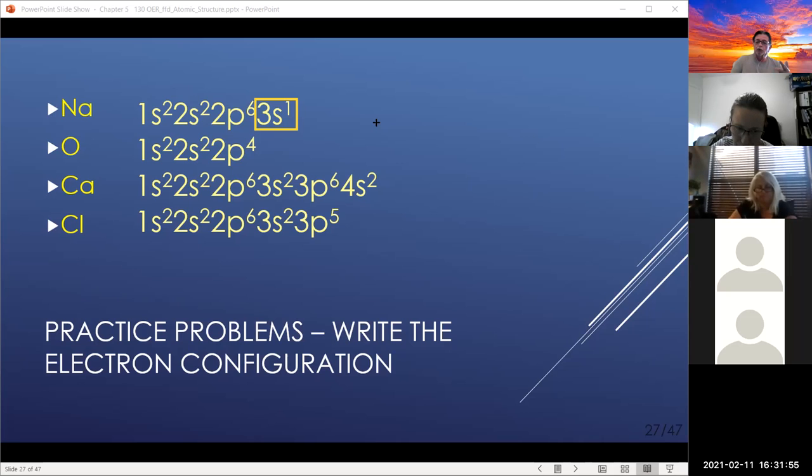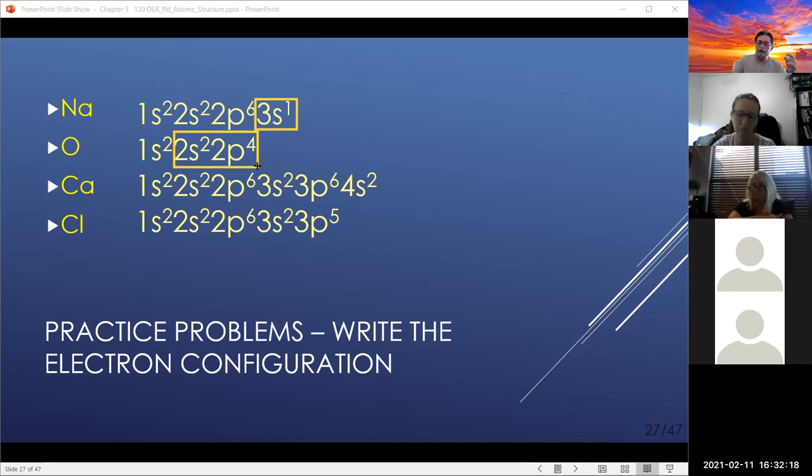That tells you 1 valence electron. Here's the electron configuration to demonstrate that. The last electron, in the outermost shell, is in the third period, and that valence electron is sitting up there all by itself.